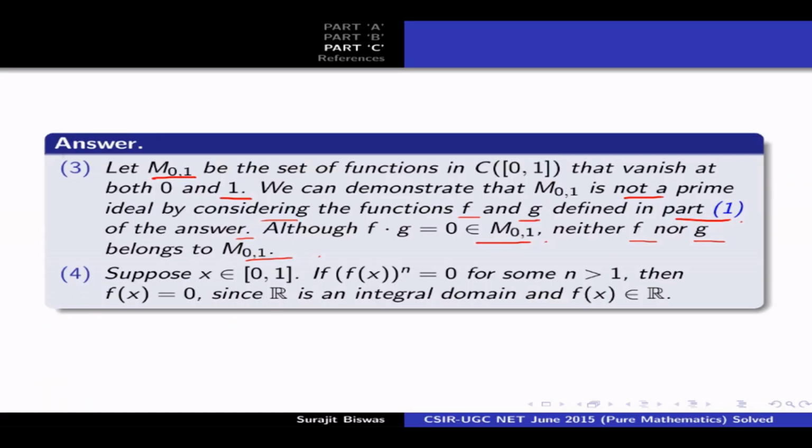How? Suppose x belongs to [0,1]. If f(x)^n equals 0 for some n bigger than 1, then f(x) equals 0, since R is an integral domain and f(x) belongs to R. Okay, so now we go to the next problem.